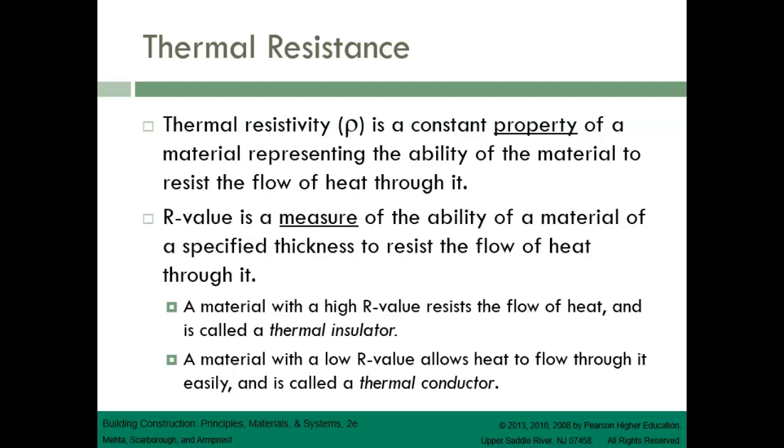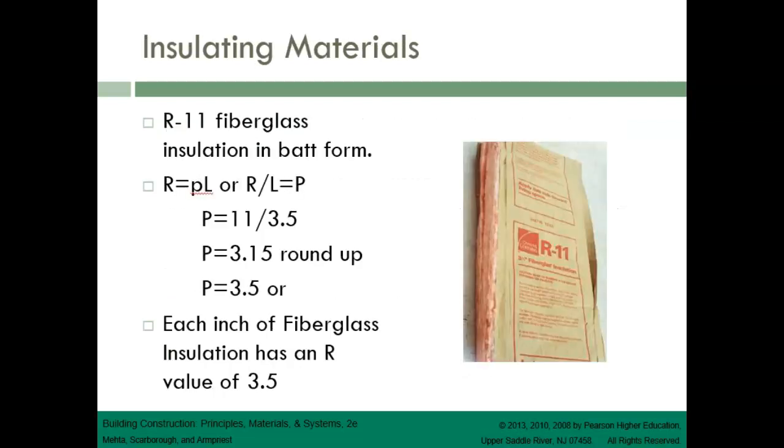P is the R value of 1 inch of that material. So let's take a look at a typical R11, 3.5 inch thick batt of fiberglass insulation. This is R11 insulation.